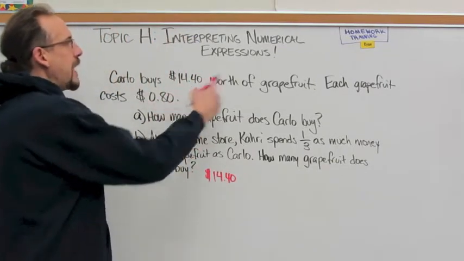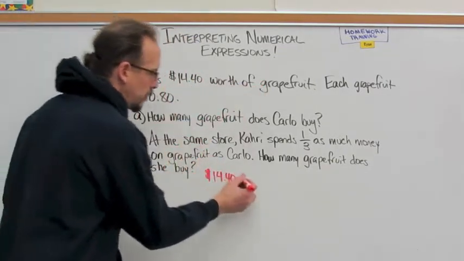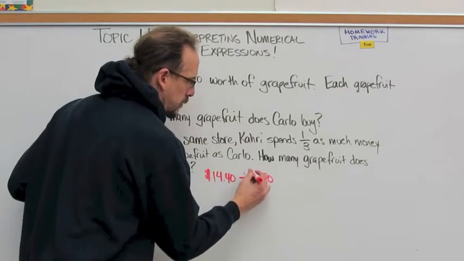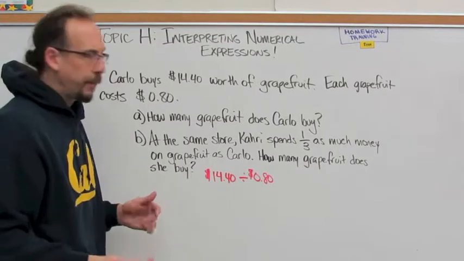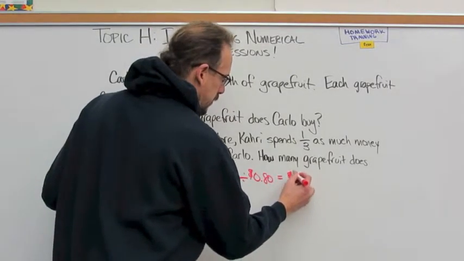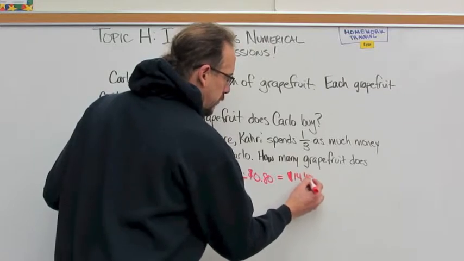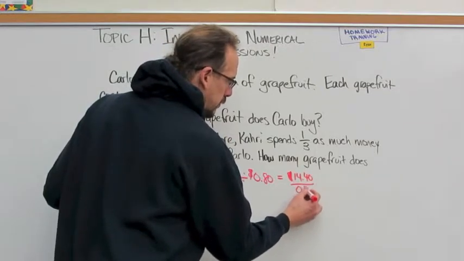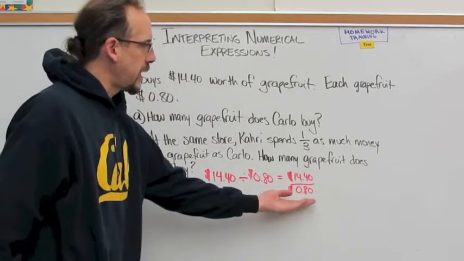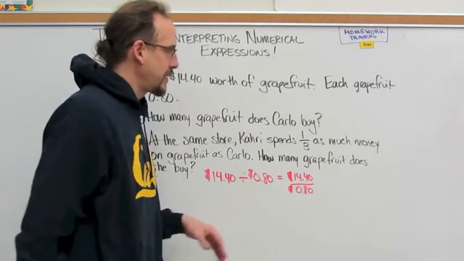And we are going to divide that by how much each one costs. And this, of course, is a simple fraction problem, just like we were doing before. Looks like this when we make it into a fraction. And like we did before, we're going to multiply to get the decimal out of the denominator.